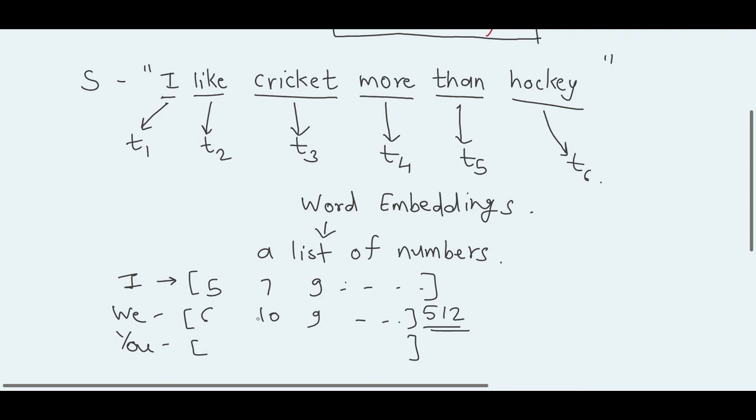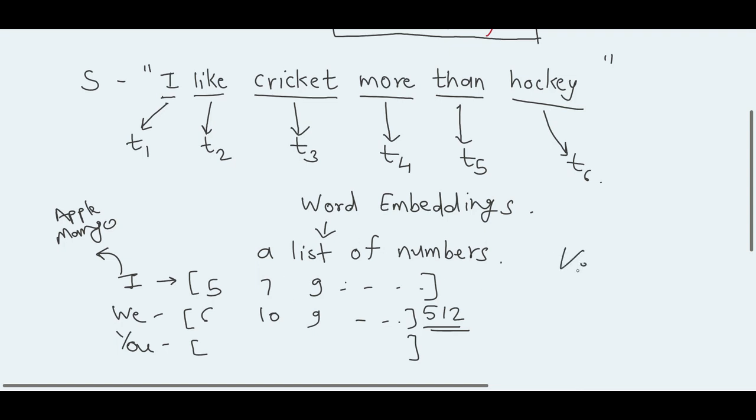The similar words get associated with similar numbers, and different words will have different sorts of numbers. So this I will have a totally different list of numbers compared to the word mango. And this word mango will have a similar set of numbers to apple or all the fruits. So this is how word embeddings work. In short, they are just a list of numbers.